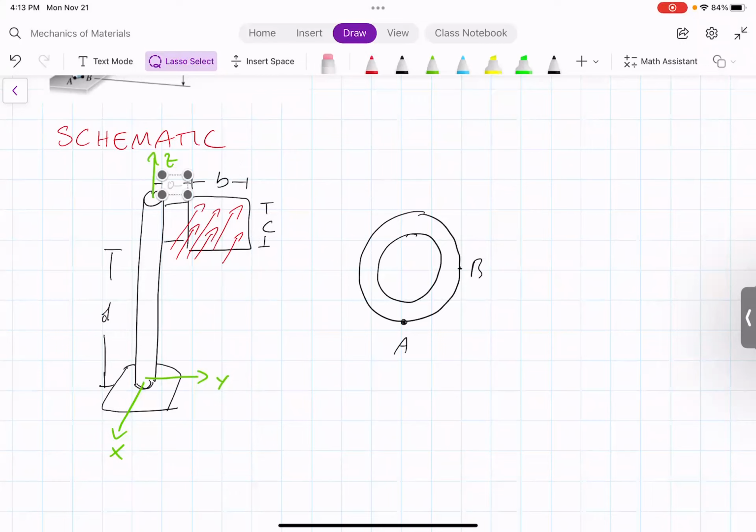Then we have A, the distance between the sign and the center of the pole. Then we have D, the distance between the ground and the pole. We also have our axes Z, Y, and X.